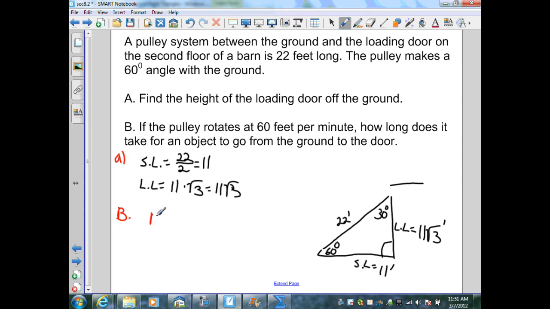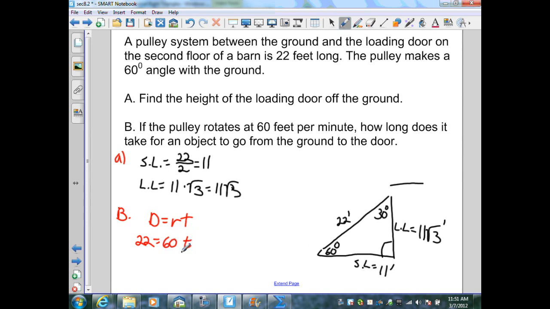So I have the formula D equals R times T. The rate is 60 feet per minute. So I know the distance is 22 feet. And I know my rate is 60 feet per minute. They want me to determine how long does it take, which is T.